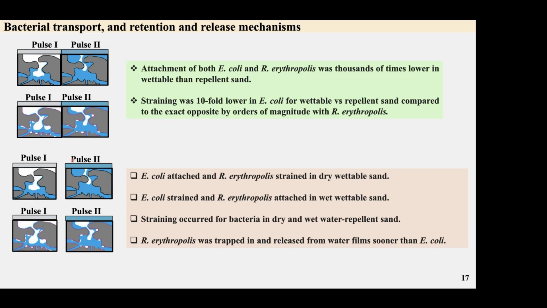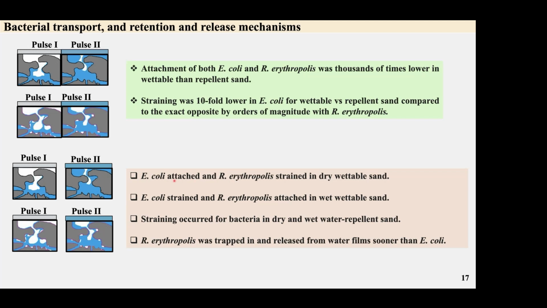But when we modeled each pulse, we found that these mechanisms are different for each bacterium. E. coli attached, but Rhodococcus strained in dry wettable sand, but when this wettable sand became wet or more saturated, E. coli strained and Rhodococcus attached.